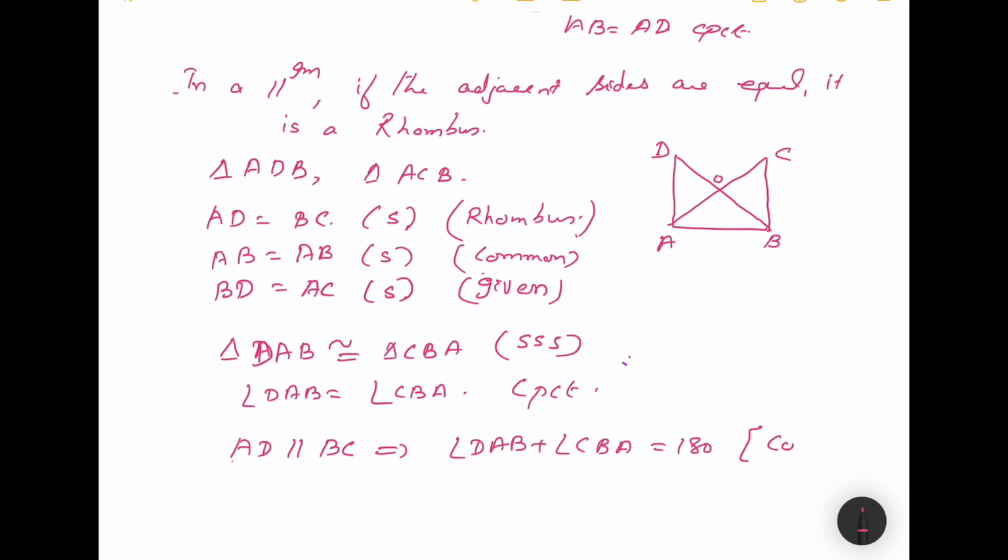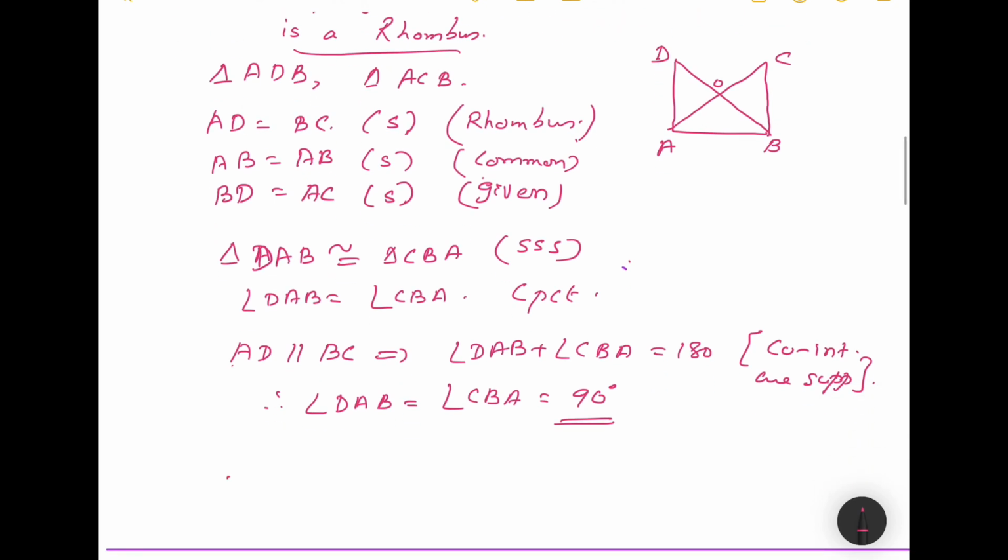The reason is co-interior angles are supplementary. Therefore angle DAB is equal to angle CBA equal to 90 degrees. So you have proved 90 degrees. Therefore, ABCD is a square.